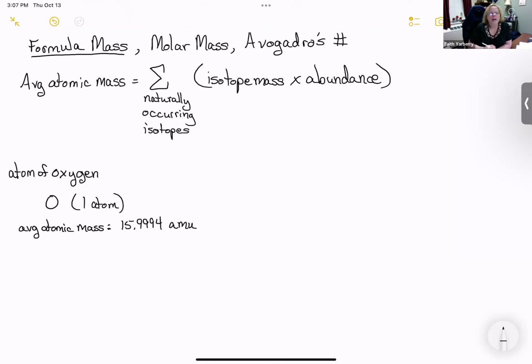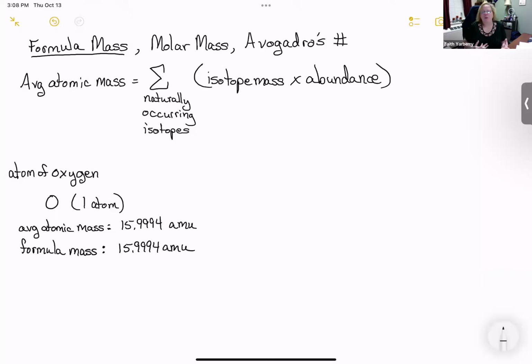Folks, the average atomic mass is the same as the formula mass, because the formula for a single atom of oxygen is O. So it would be 15.9994 AMU.